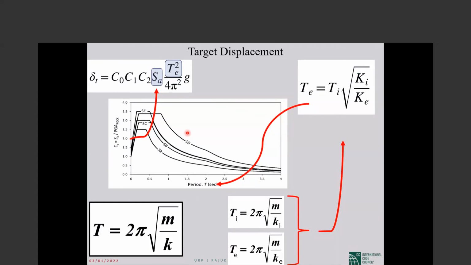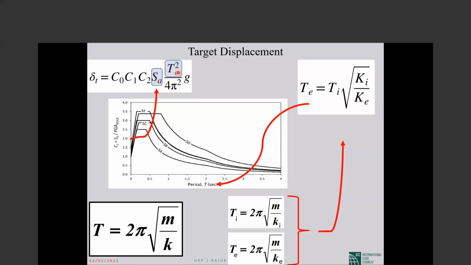One location is because of changing SA to SD, we need omega, and the omega is dependent on period, so we need it here to change the SA to SD. And second, to find the SA from the response spectrum, we need the period. So period is very important. Estimation of the period is very important.